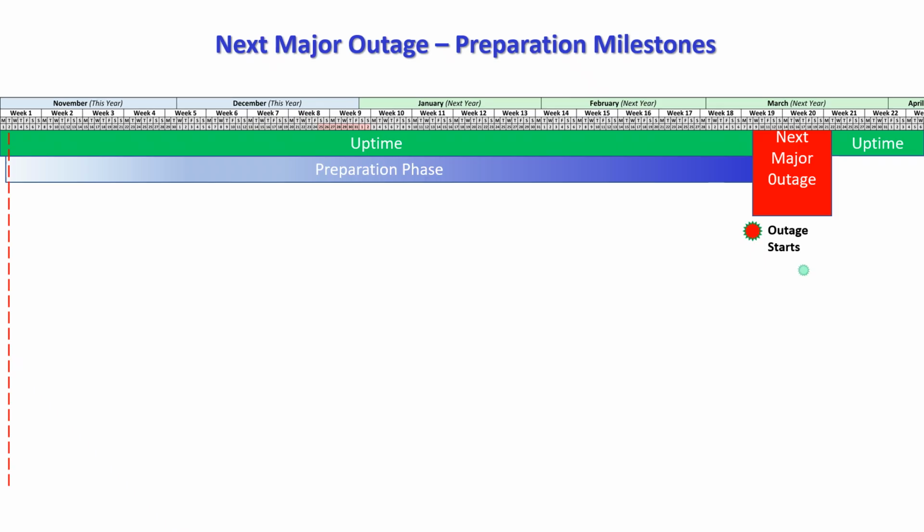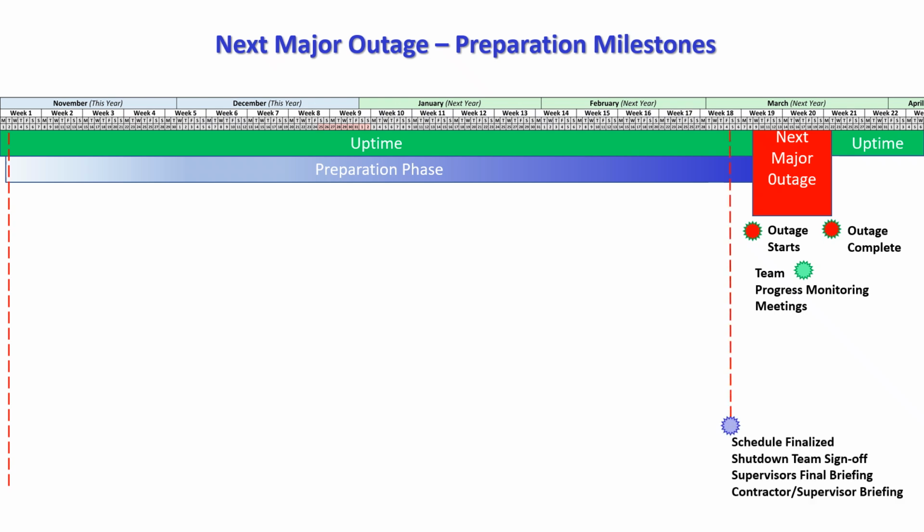Now if we take a look at exactly the same project or preparation phases in a time view, we see that we need to complete all the preparation and end up with a finalized schedule probably about a week before the outage starts, so that we can have a team sign-off on our plan and schedule before the outage is due to start.